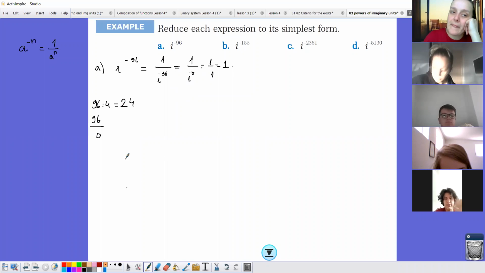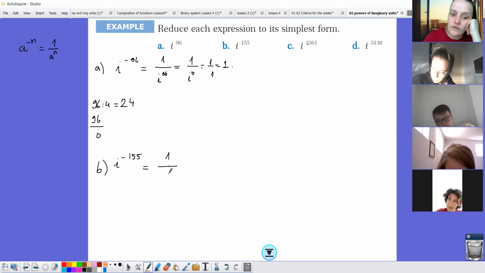For B, I to the power of minus 155. Then this one will be 1 over I to the power of 155.